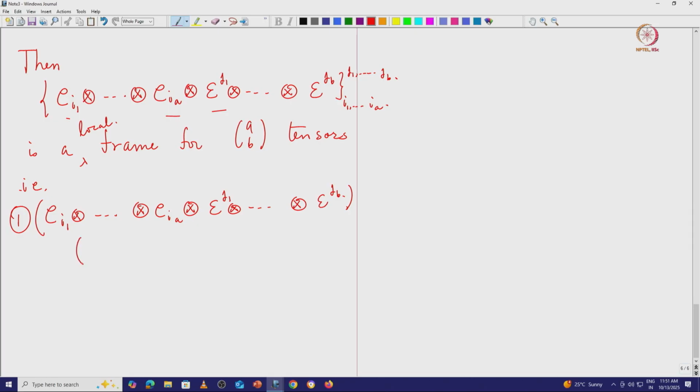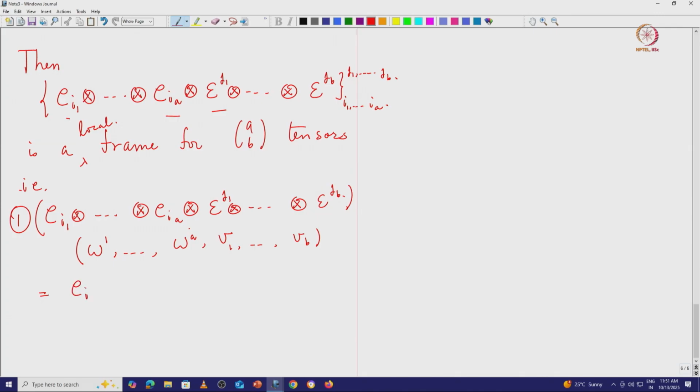So this acts on A covectors and B vectors, sorry, so it acts on A covectors and B vectors, and the answer is just you apply this component wise.